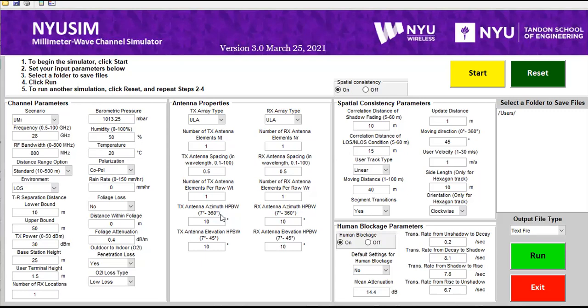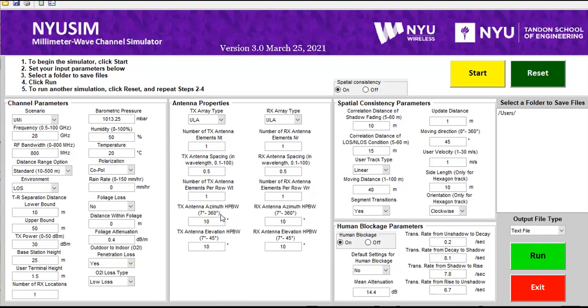Then HPBW, that we know, right? The half power beam width for the antenna. So it is giving you the antenna radiation pattern, representing the gain, how directional the antenna radiation pattern is.